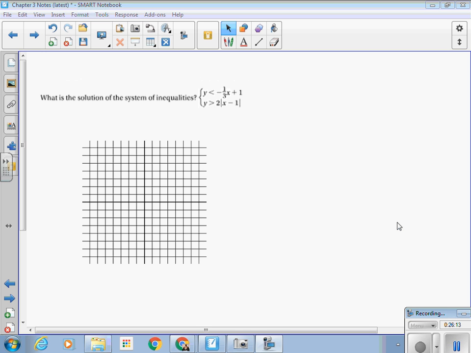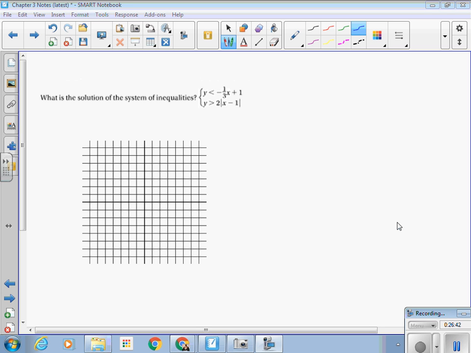Alright, I'm going to rapid fire graph these 2 functions. And if you need help graphing or knowing how to graph these, please make a note, circle, highlight, whatever, and then come see me later. I would be happy to explain how to graph these. But since that's a topic we've already covered, I'm not going to spend a significant amount of time on it. So I'm going to graph this first line. He is going to be definitely dashed because I cannot equal him.